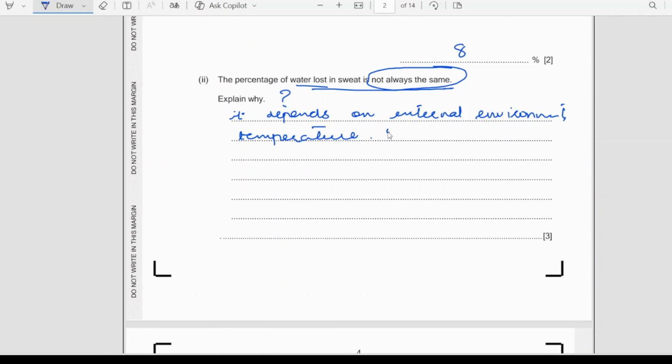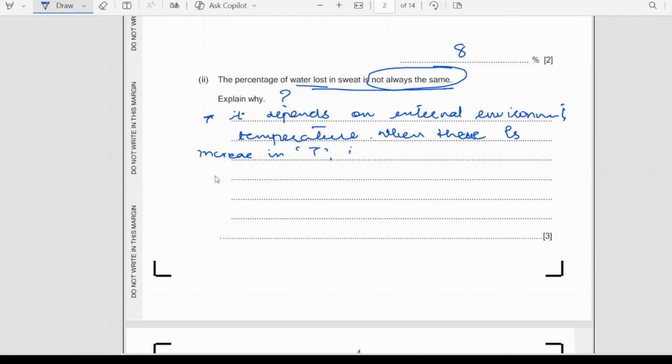Okay. Why? Good. This is number one. What is the other factor which controls the sweat? We have mentioned temperature.